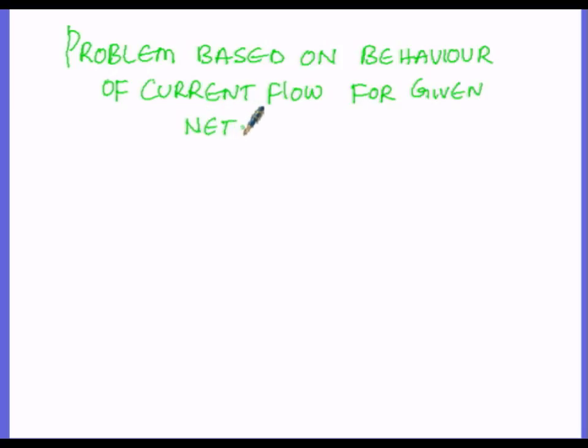So here we are going to perform a problem which is based upon the behavior of the current flow, that is from the terminal A to the terminal B of the given network. So we are going to perform this under the part 2 of the advanced level.